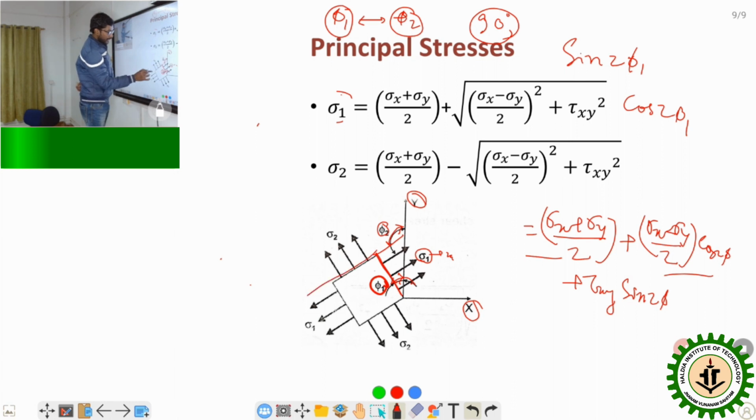On this plane, the stress acting is basically the minimum normal stress or the minor principal stress. So that is all about the discussion of principal planes and principal stress.